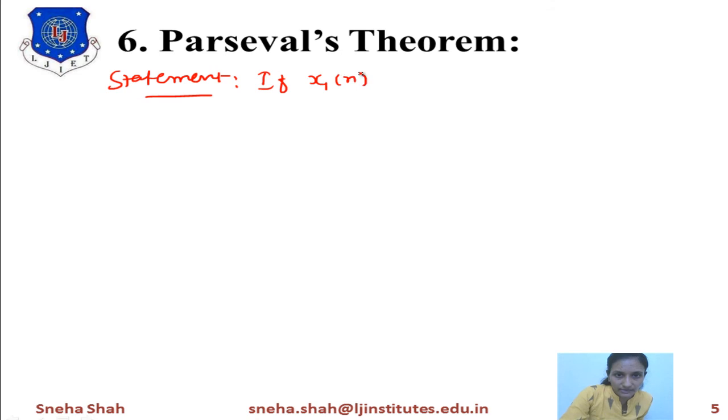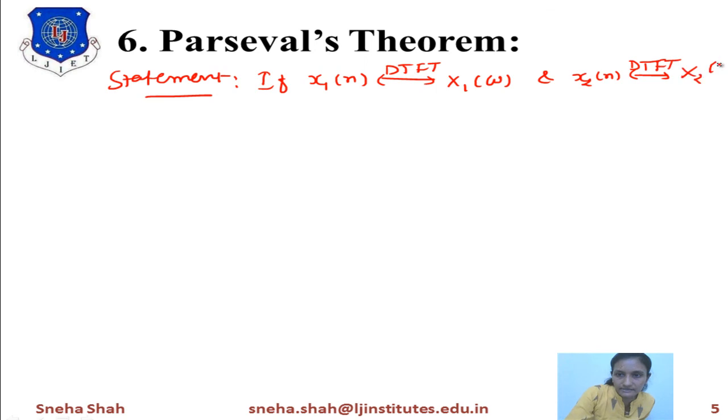If x1 of n, we take the DTFT of it, then it will give you x1 of omega, and x2 of n, if we find the DTFT of it, then it will give you x2 of omega.